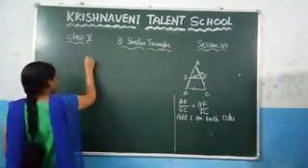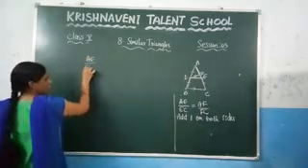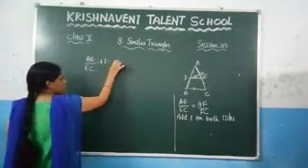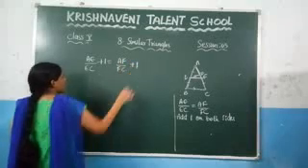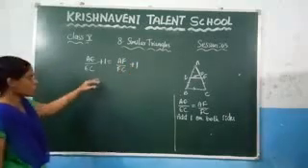In this equation, add 1 on both sides, which is AE by EC plus 1 is equal to AF by FC plus 1. We are adding 1 on both sides of this equation.